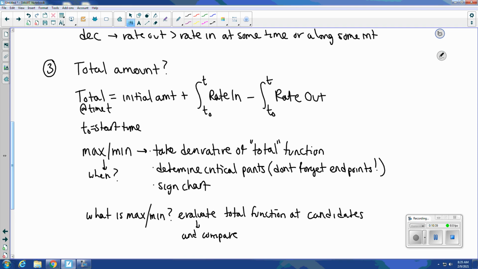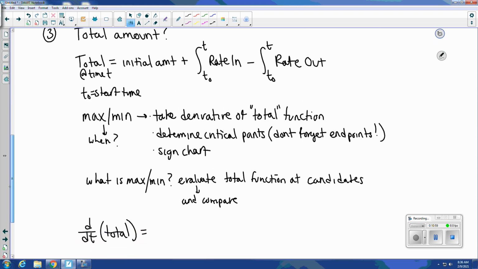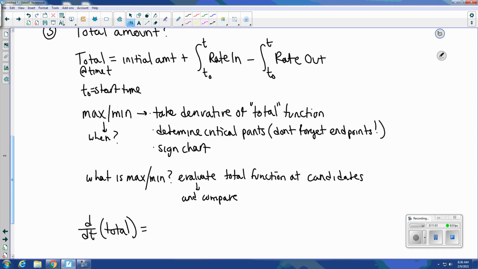Now, when it comes to differentiating the total, when you take the derivative of the constant initial amount, it goes to 0. When you differentiate the rate in integral, you'll notice that we have to use the fundamental theorem to get that derivative, where the bottom is oftentimes some constant, some starting time value.